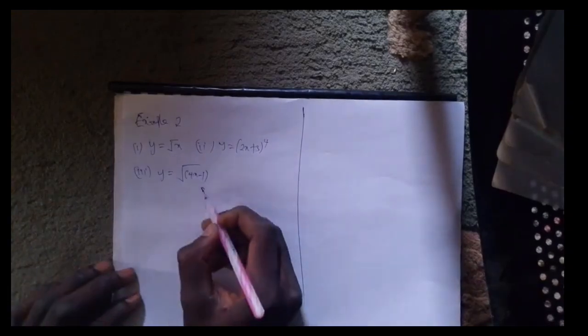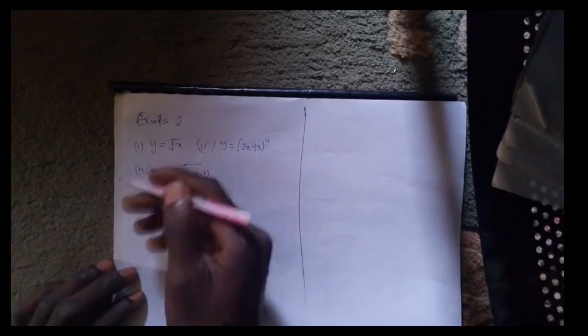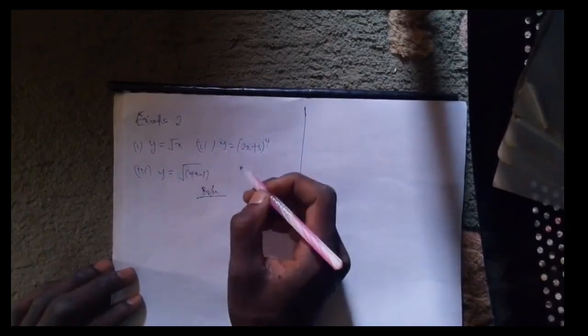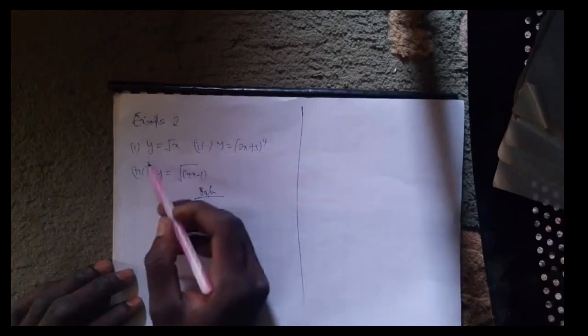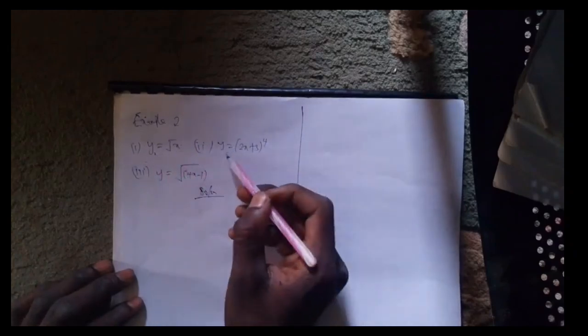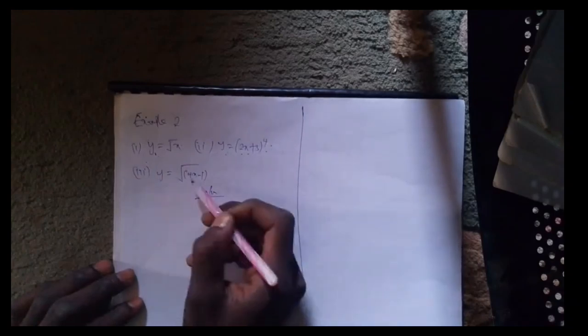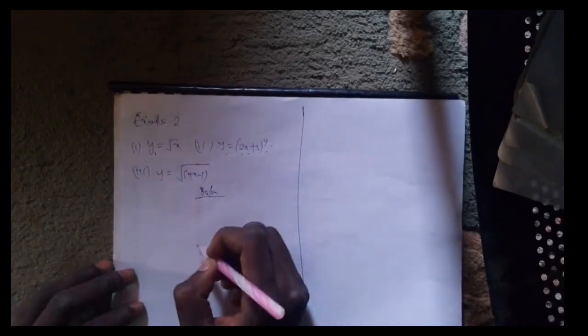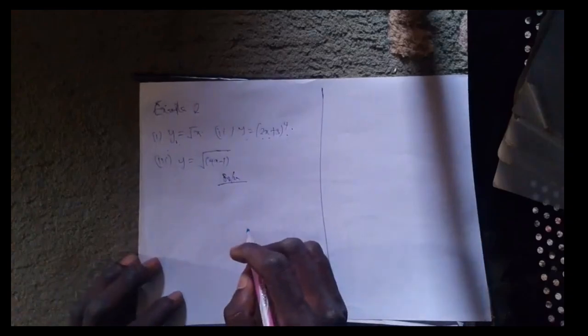So here, solution. This example is asking us to find dy dx. Find dy dx if y is equal to root x, y is equal to 2x plus 3 power 4, y is equal to root 4x minus 1. We are asked to find the dy dx.